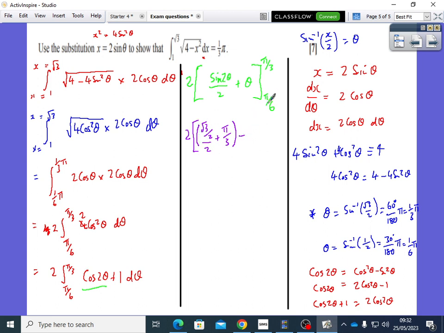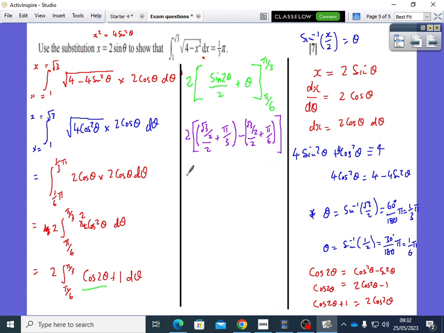That's going to take away the lower limit. Now put this in. That's 30 degrees. Double 30 is going to give me 60, and we already know that sine 60 is root 3 over 2. So you're going to get root 3 over 2, which again is divided by 2, and then plus pi over 6, close bracket.